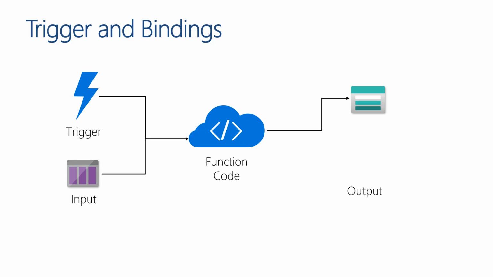You can write your object that you have in memory in your code, and you can serialize that into blob storage. Once again, you don't have to worry at all about the storage SDK. You simply have your object, and when Azure Functions sees that your function has ended, it will serialize that content into the blob. Now, you're actually not limited to one output. You can specify multiple outputs.